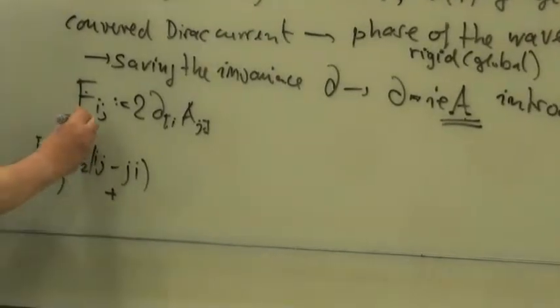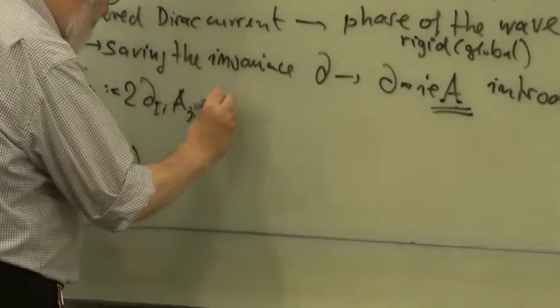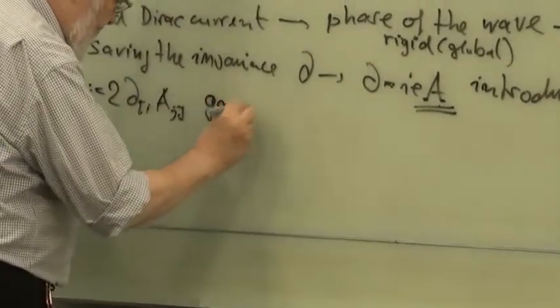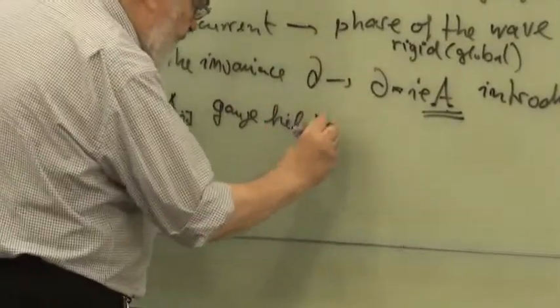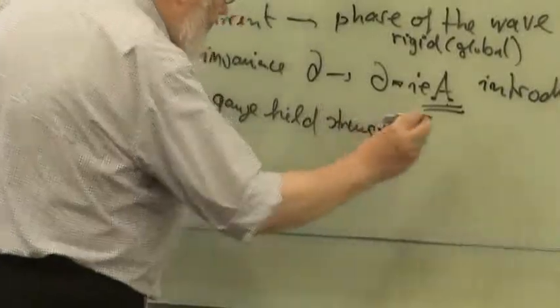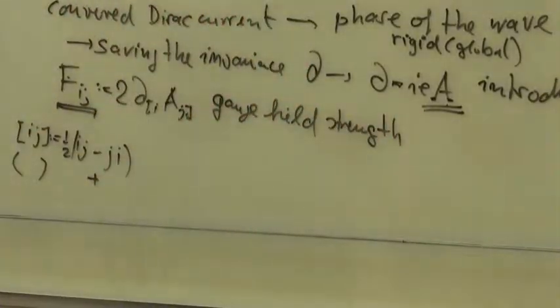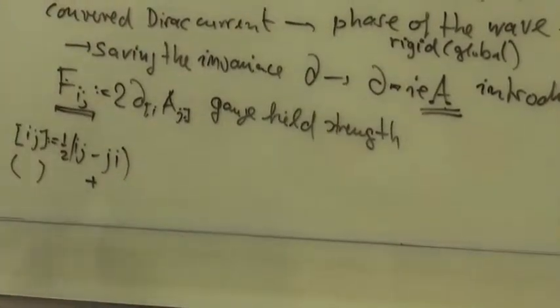Then you have the gauge field strength, a measure of whether you can transform A away and nothing has happened, or whether you found a new interaction.